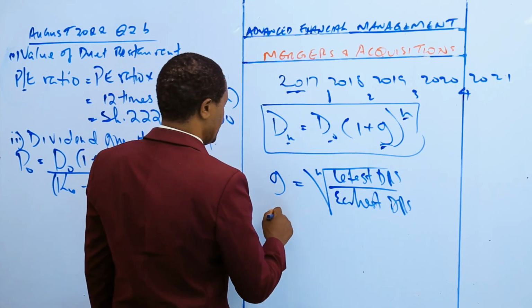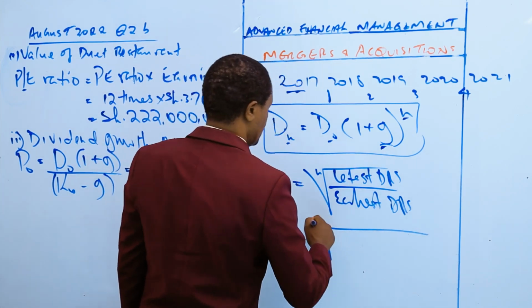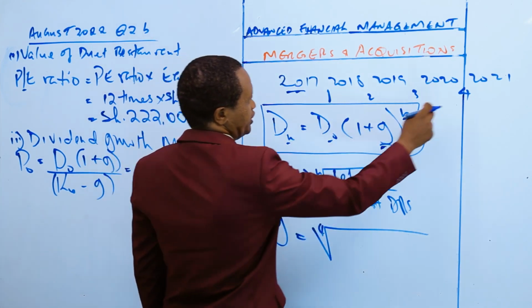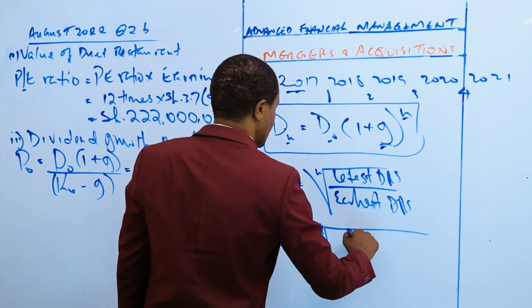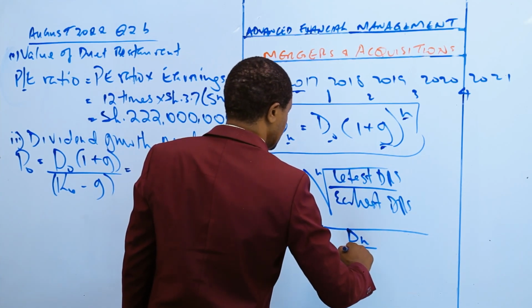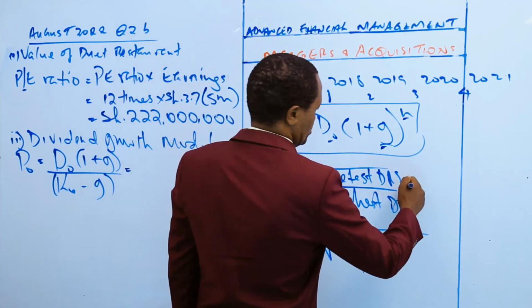In other words, the growth rate will be equal to the fourth root, because these are 4 periods, of Dn over D naught, minus 1.